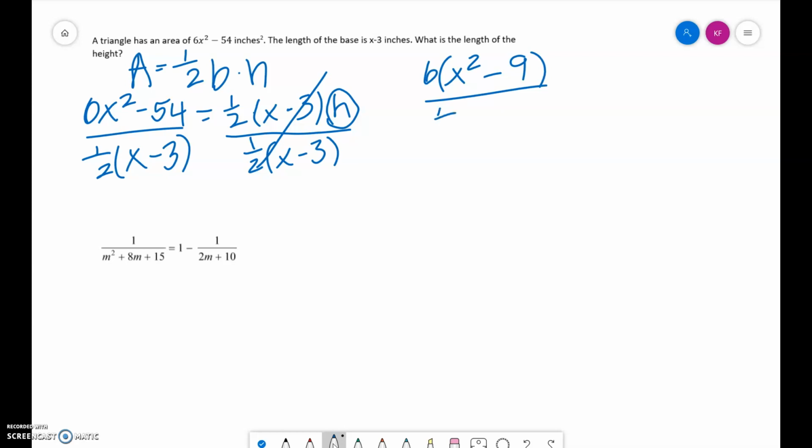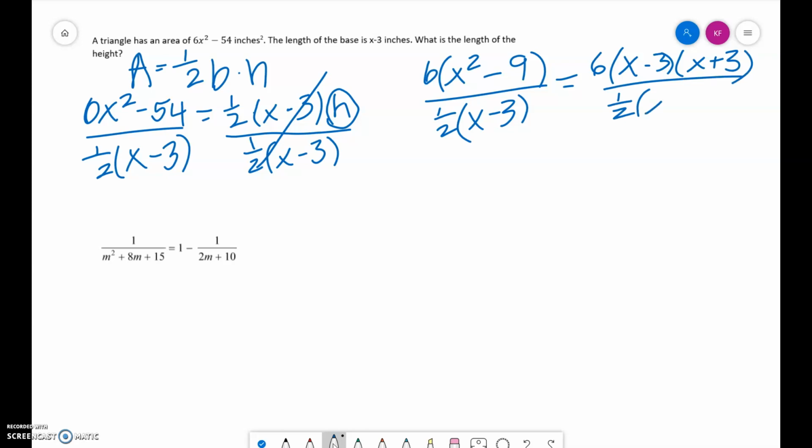Okay, then the next thing I would do is break down my x squared minus 9 into difference of two squares. So it could be written as 6 times x minus 3 times x plus 3 over 1/2 times x minus 3.